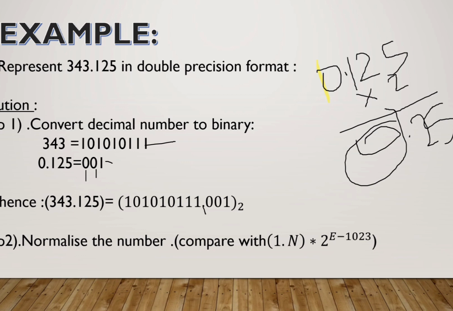Now we have to compare our decimal number with this 1.n format. So we have to shift that decimal by how many? 1, 2, 3, 4, 5, 6, 7, 8.